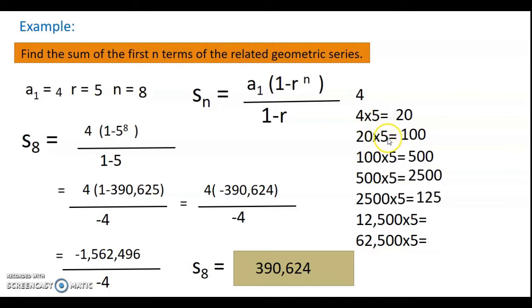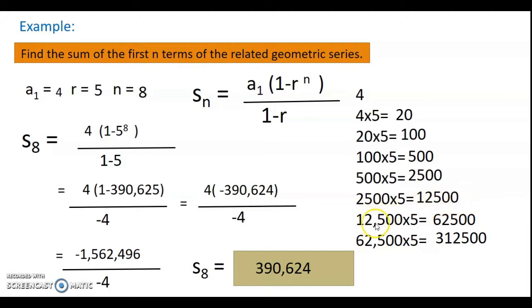And 20 times 5 is 100 for our third term. 100 times 5 is 500 for our fourth term. And 500 times 5 is 2,500 for our fifth term. And 2,500 times 5 is equal to 12,500 for our sixth term.